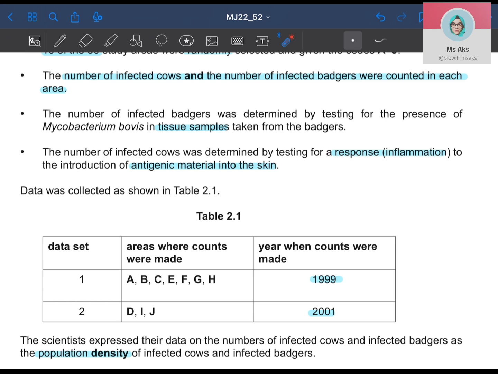Okay, so the year counted were not the same. That's the first argument that we can make. That should have been standardized. But they didn't.